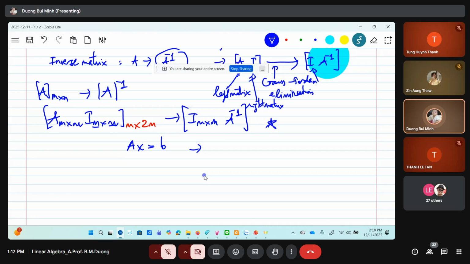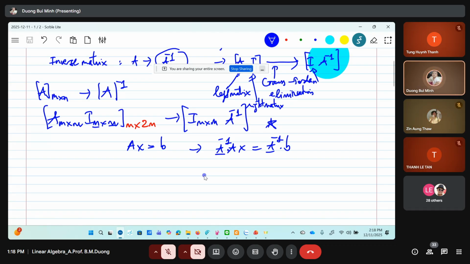If we multiply the inverse of A on the left side and the inverse of A on the right term, remember we need to follow the rule, here it is left multiplication.